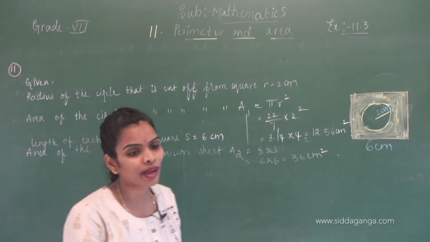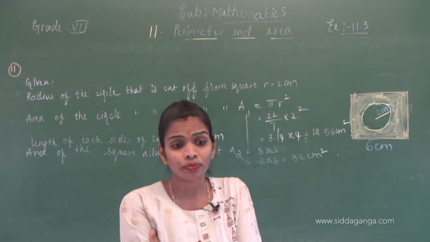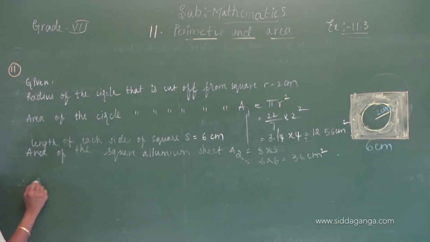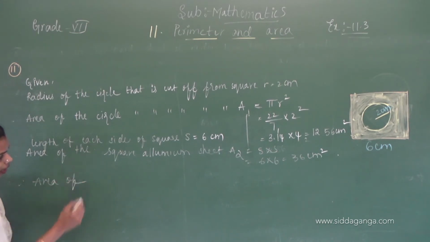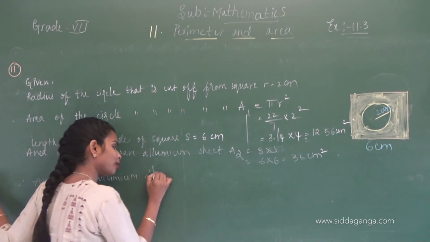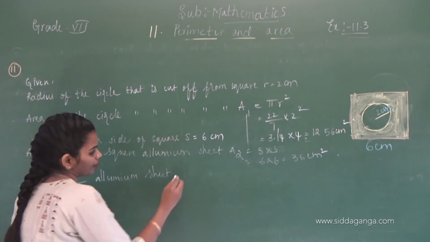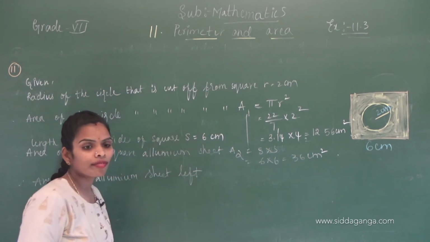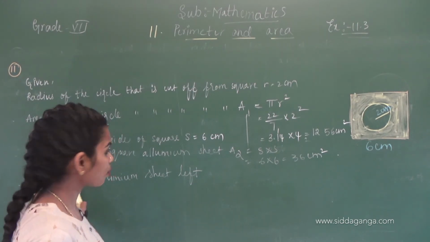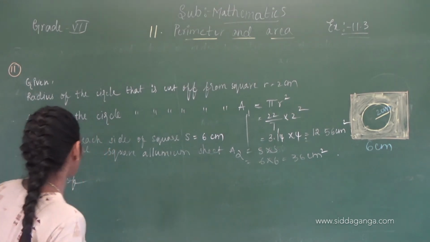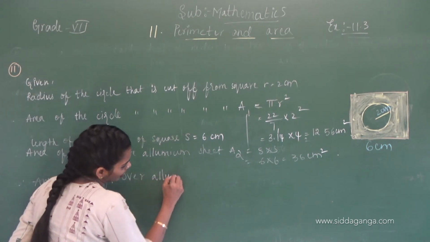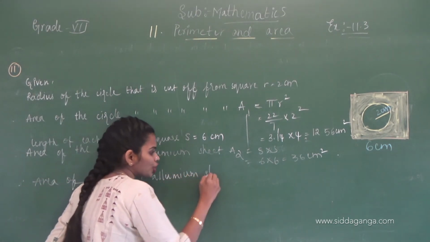What you have to find now? We have to find the remaining part, the area of the leftover aluminium sheet.